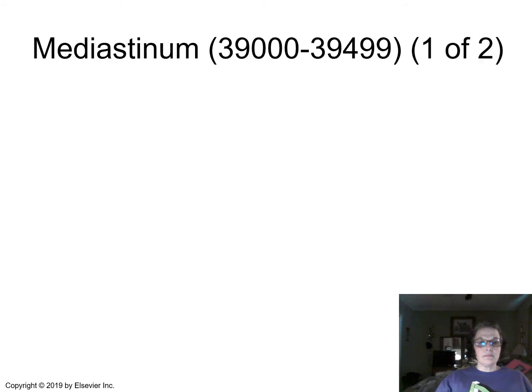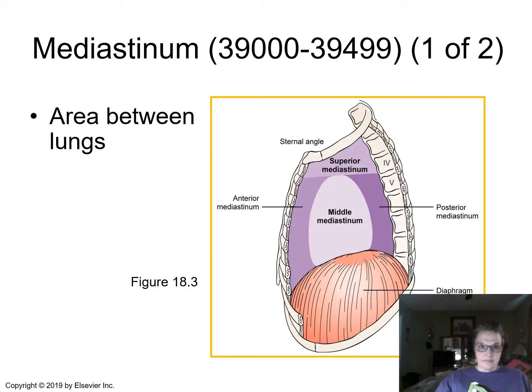Okay, so we're going to talk about the mediastinum, 39000 through 39499. That is the area between the lungs. You can see it right here.